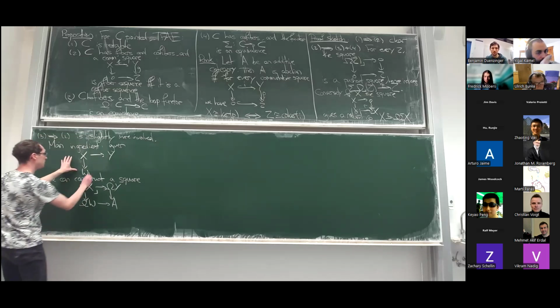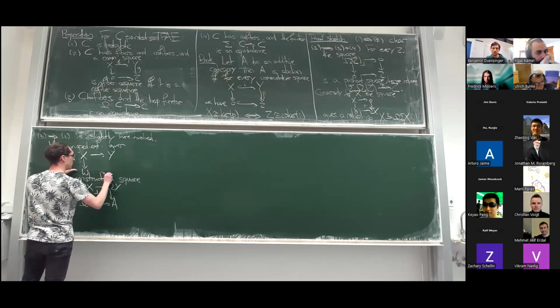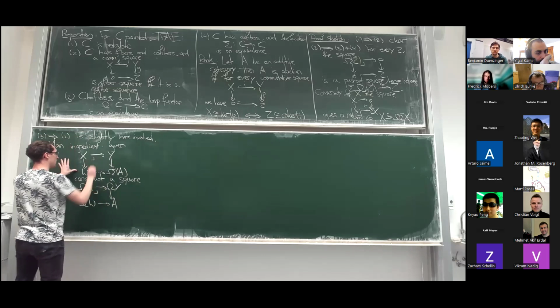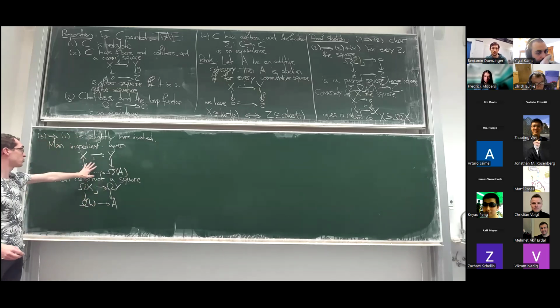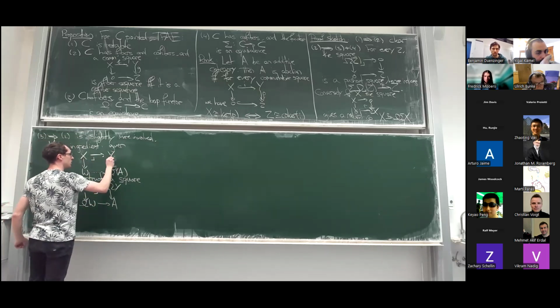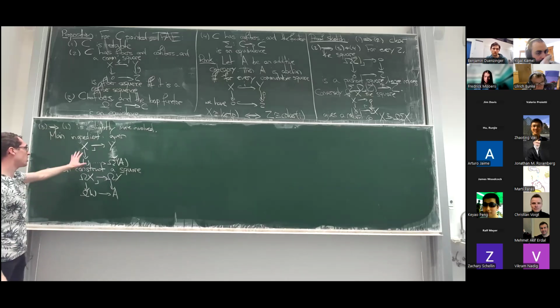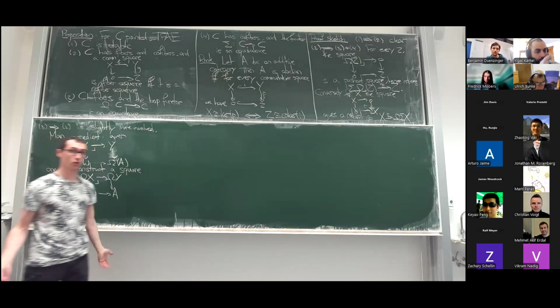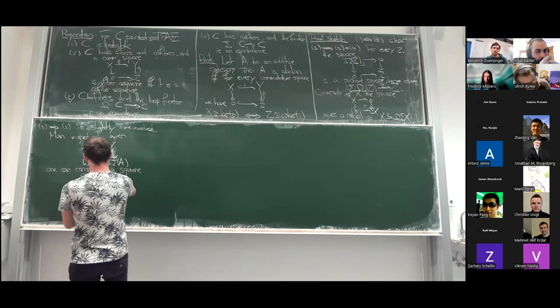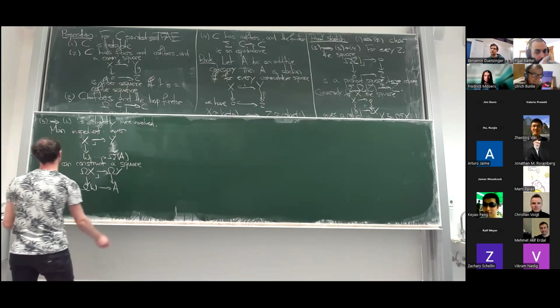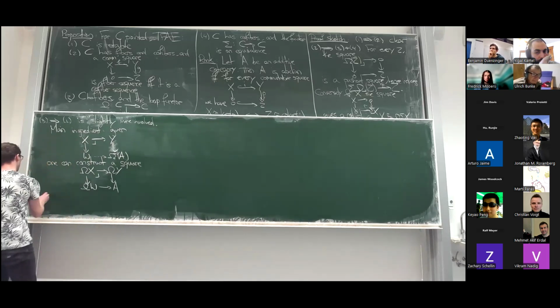So we can extend this square to a pullback square like this. And because omega is an equivalence, it turns out that this extension is actually sort of unique. And if you have proved that, then it will follow that any such square happens to be a push-out square, so you know that push-outs exist. Then every push-out square you can deduce that it's a pullback square and so on, and then the claim follows.